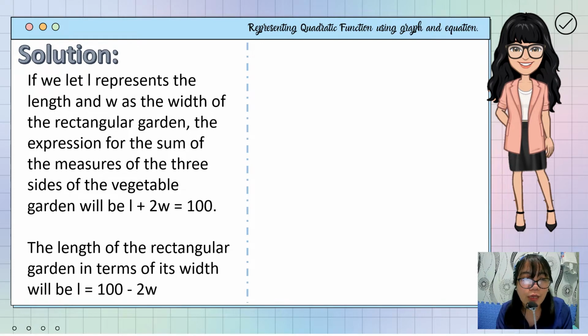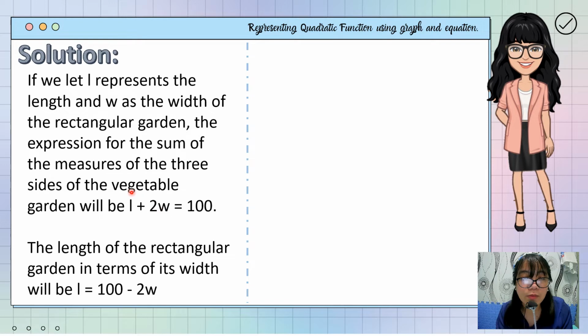The length of the rectangular garden in terms of its width will be L equals 100 minus 2W. So we got this equation from here. We will be removing 2W from this side of the equation. We will be adding to both sides of the equation the additive inverse of 2W, and that is negative 2W.